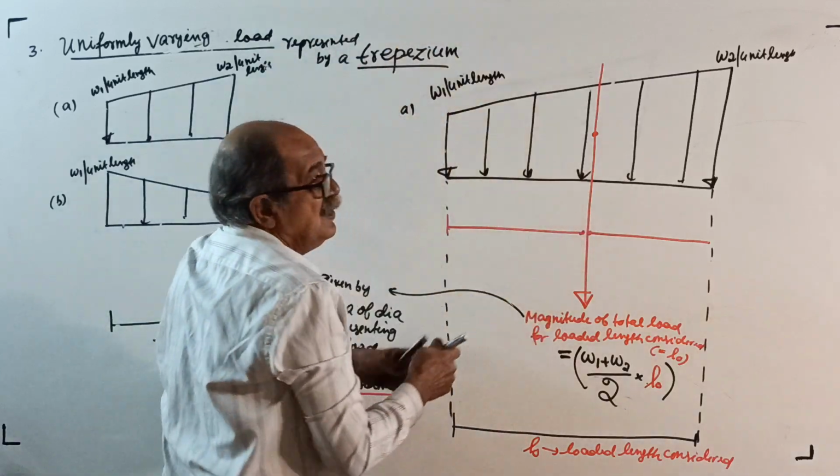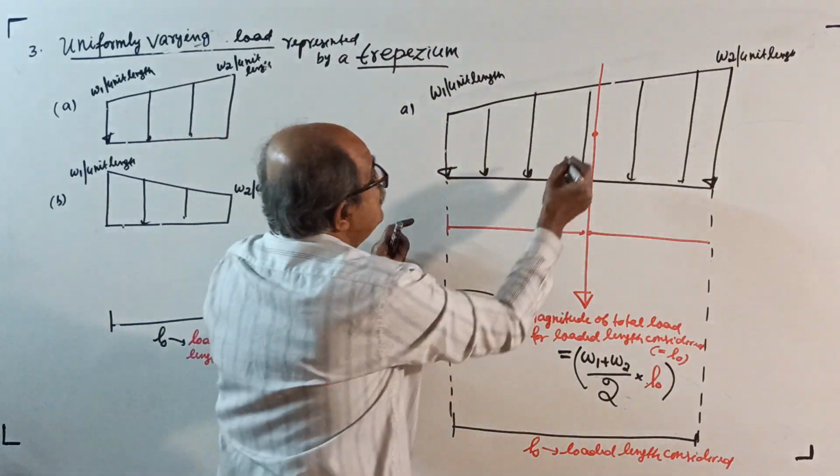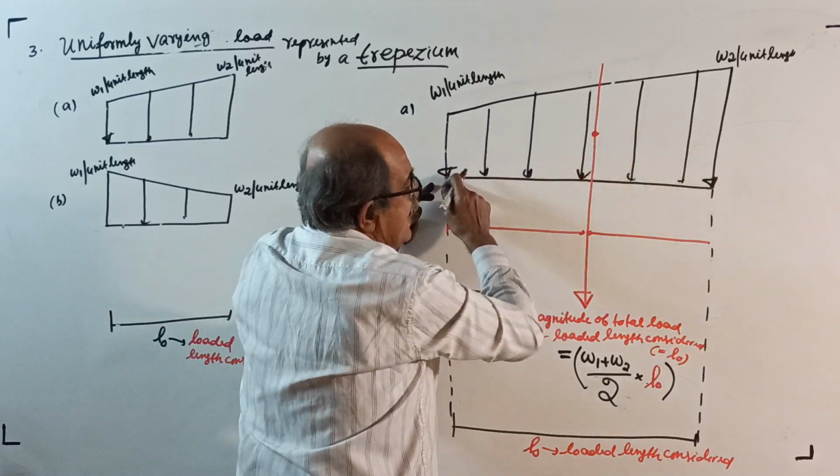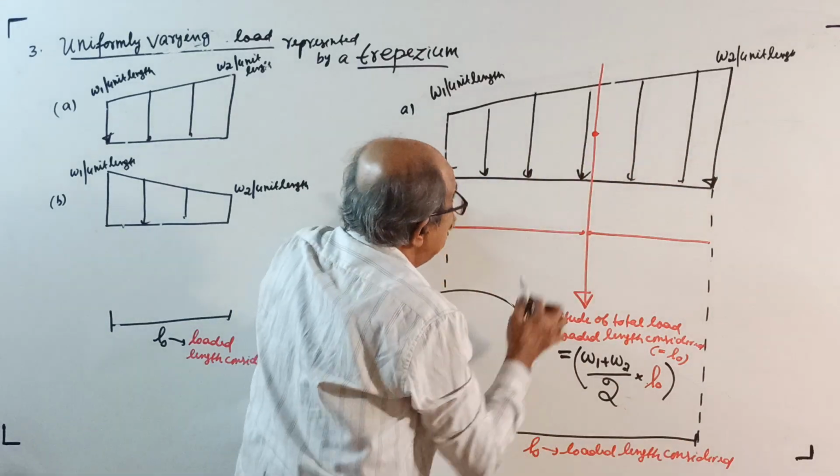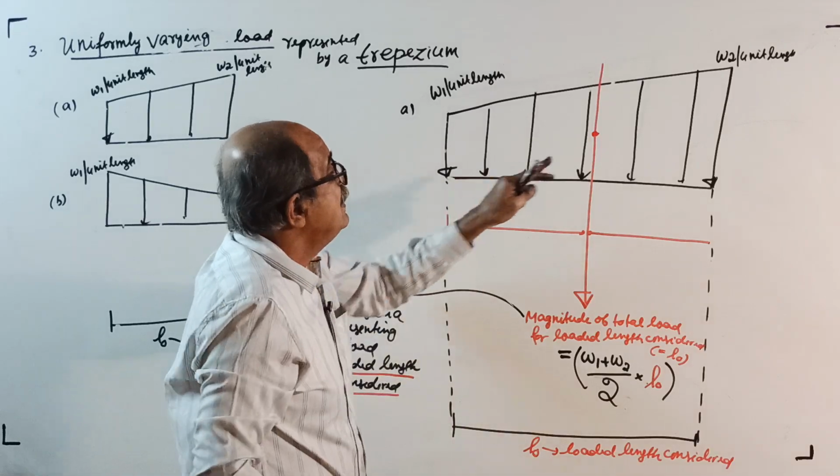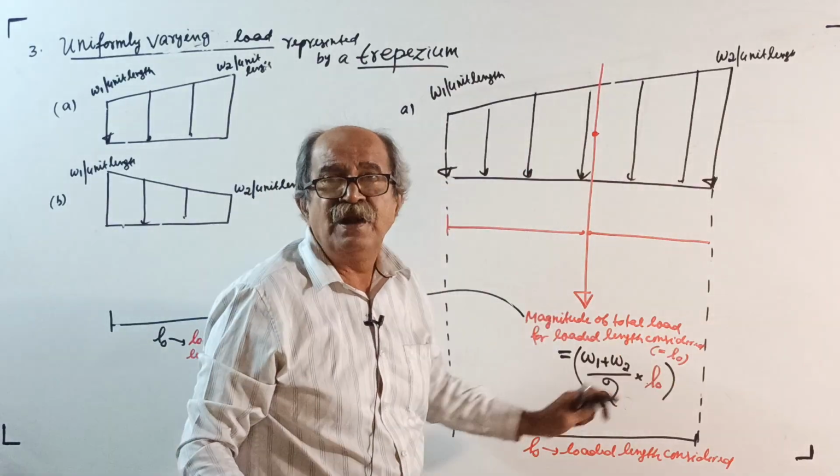The load will pass through the centroid of this loaded length diagram. For L0 length, where is the centroid? You should write it. This is the centroid for L0 length.